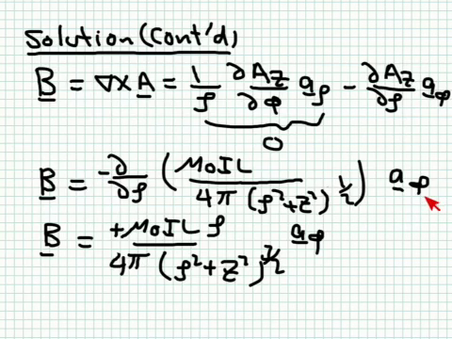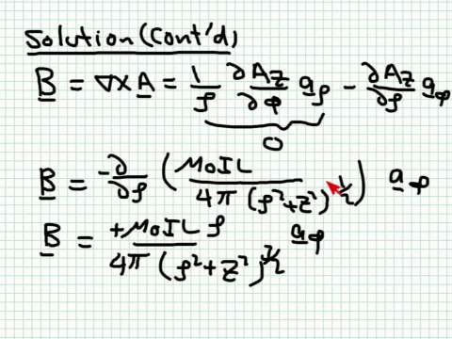Of course, if you differentiate this one, this is a bracket to the power minus 1/2. So it gives you minus 1/2 multiplied by the bracket to the power minus 3/2, and then you multiply by 2 rho. So this is what you do here, and this will give you the expression for this one.